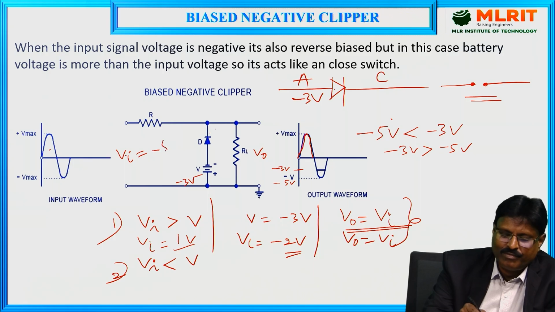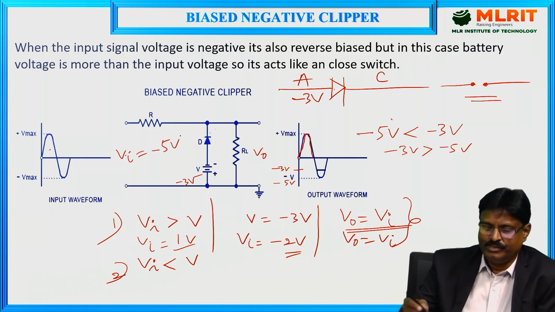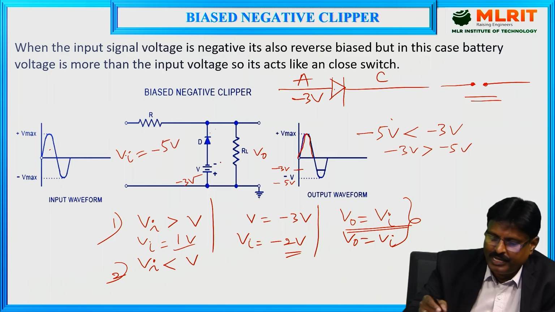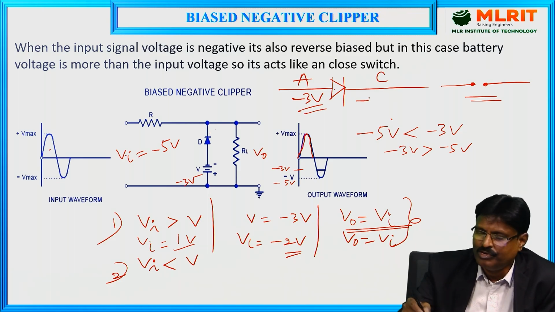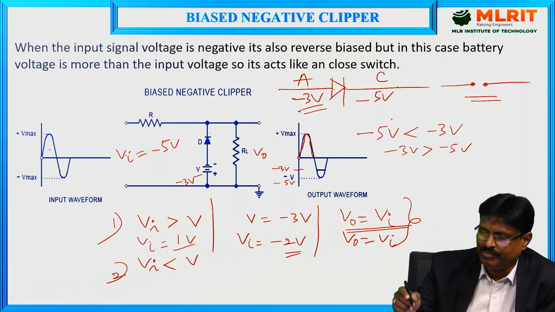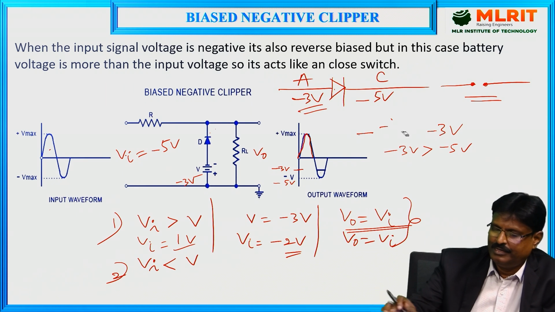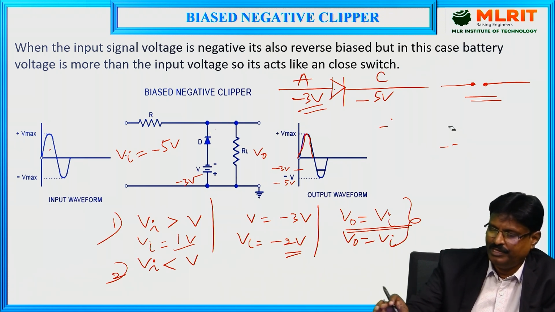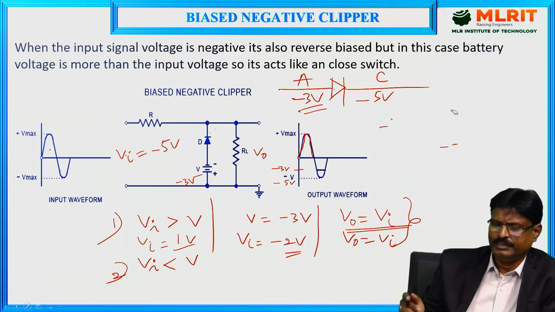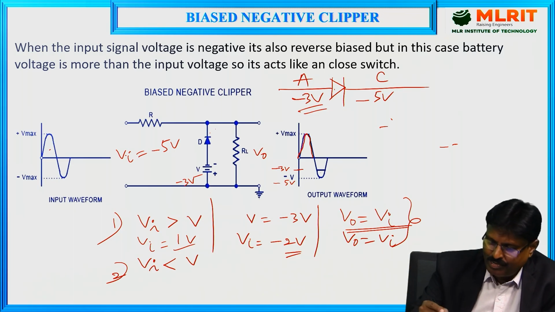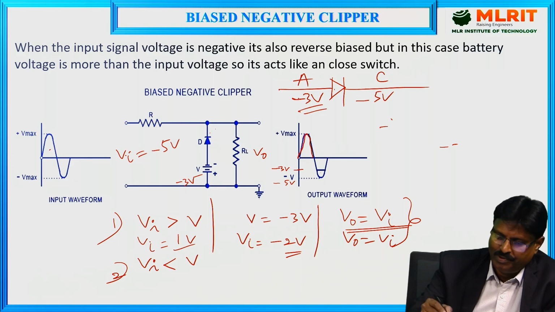minus 5 volts. Okay. So the anode is connected to minus 3, that is fixed. And what about the cathode? The cathode is connected to minus 5 volts. So now what happens to the state of the diode? Let us see here. The anode is at higher potential.